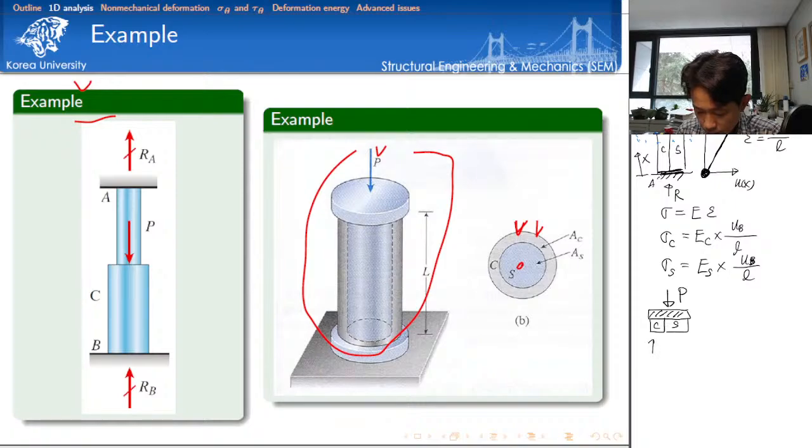Okay, option 1, this is the stress field, sigma C and sigma S. And how about option 2? Option 1 and option 2, sigma C and sigma S. So which one is correct?